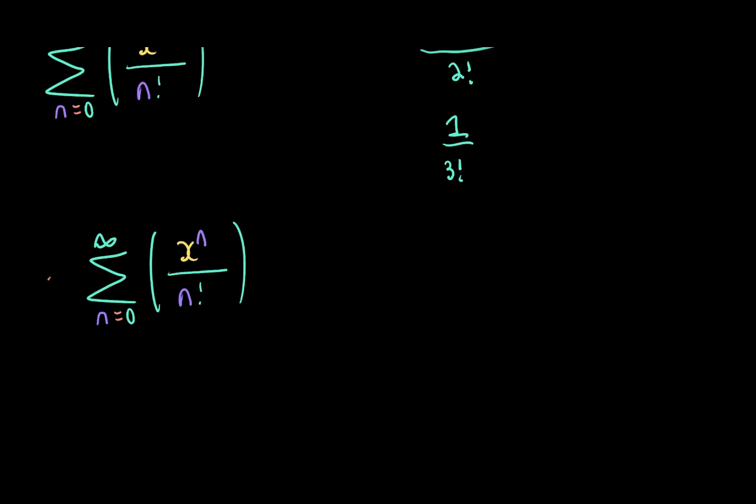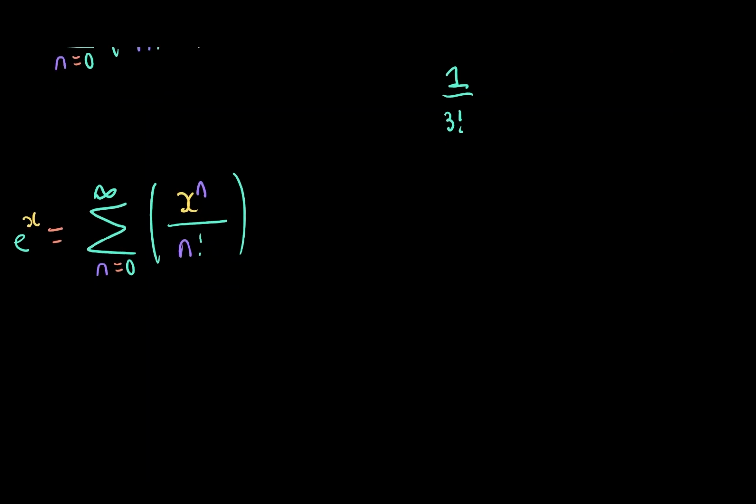Since we know this is equal to e to the x, well, what if we wanted to find what e is? Well, what do we have to replace x with to make it just equal to e? Well, x is equal to 1. Right? Because e to the power of 1 is just equal to e.